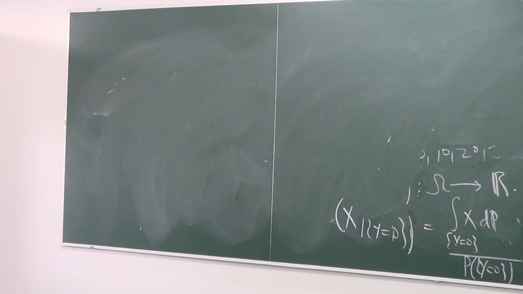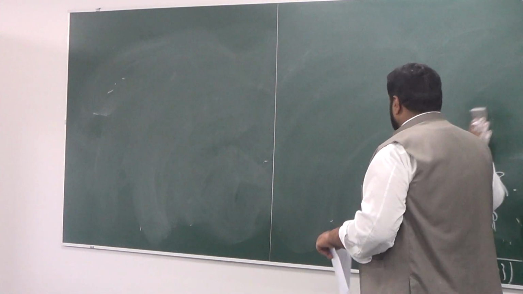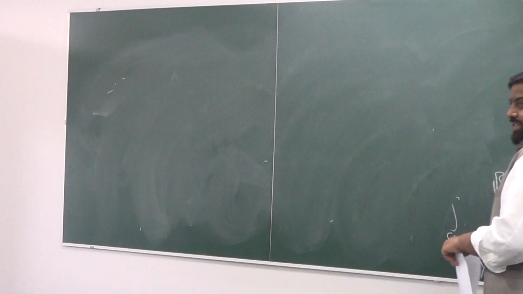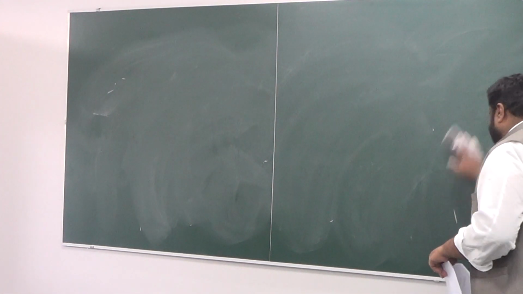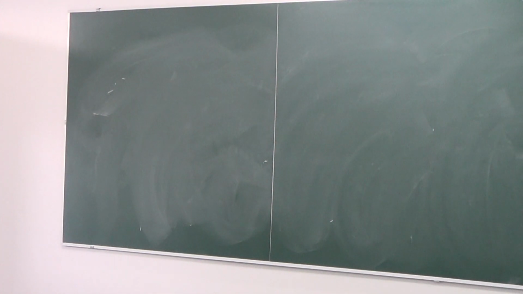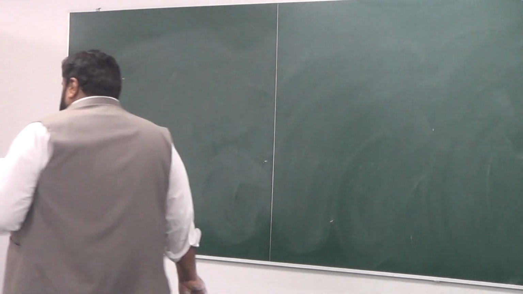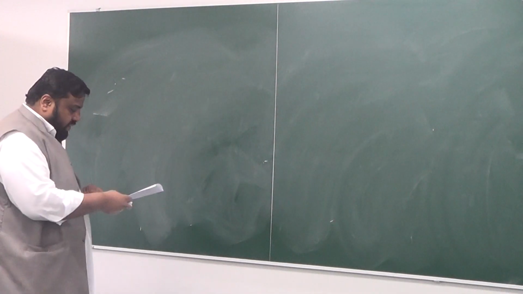I'm not writing on it because if you can see it, then obviously the camera can also see. Okay. Anyway. So, what is the next property?